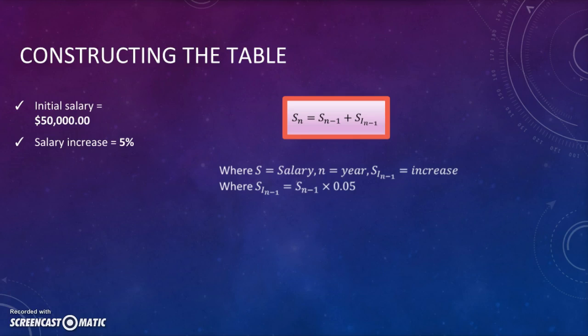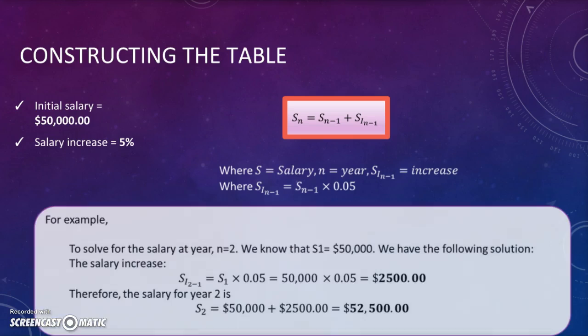Where S equals salary, N equals year, and S1 equals the initial salary. So for example, to solve for the salary at year N equals 2, we know that S1 equals $50,000. We have the following solution.